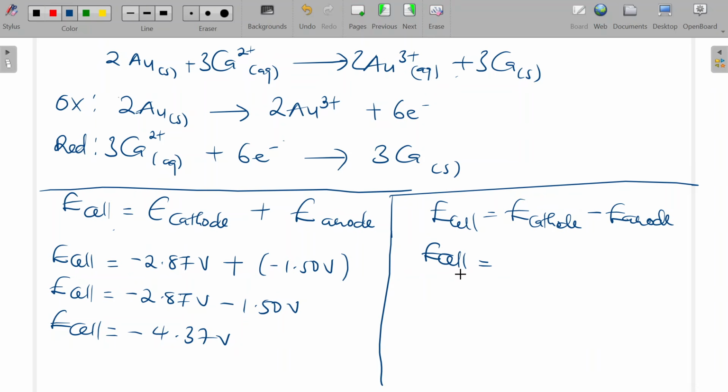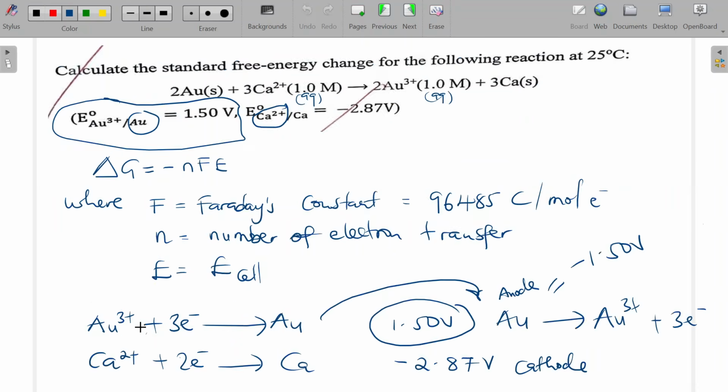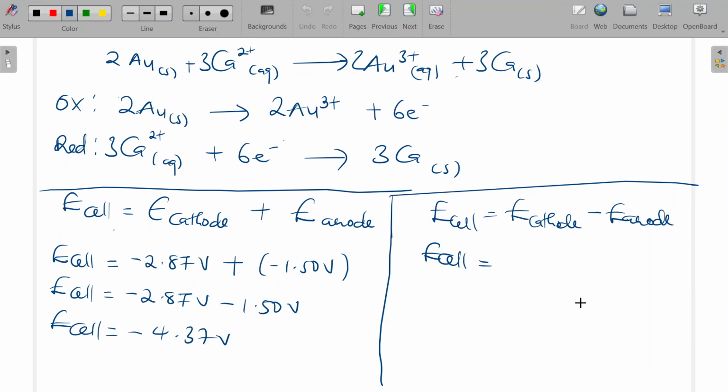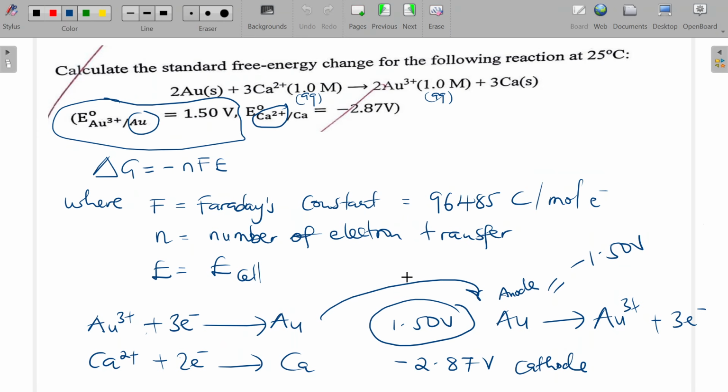Now if you're using this formula, you're going to say E cell is equal to the E cathode, the one we've identified. What is undergoing oxidation? So at the cathode there's negative 2.87 volts. Then you're going to say minus the E anode.